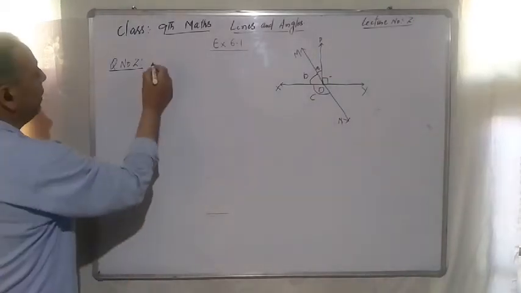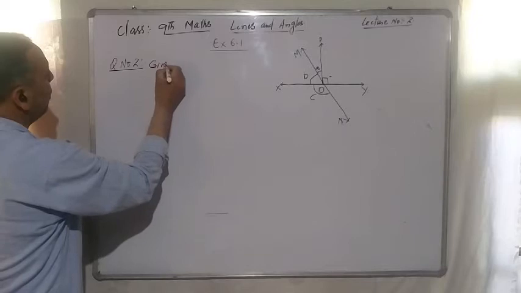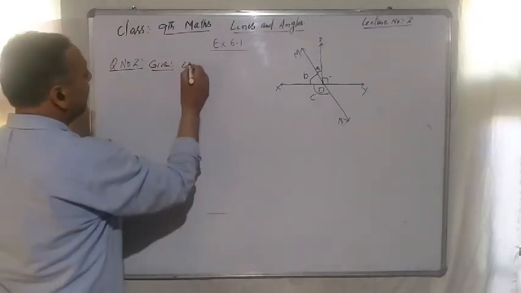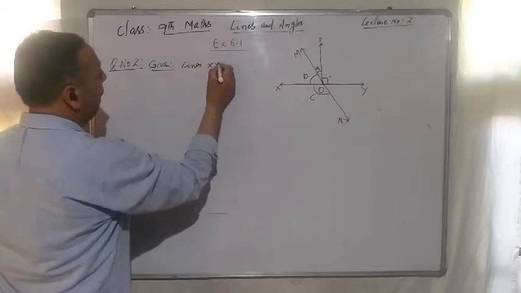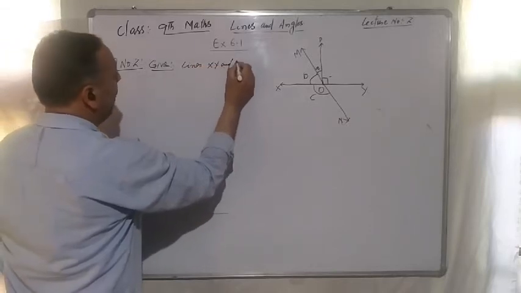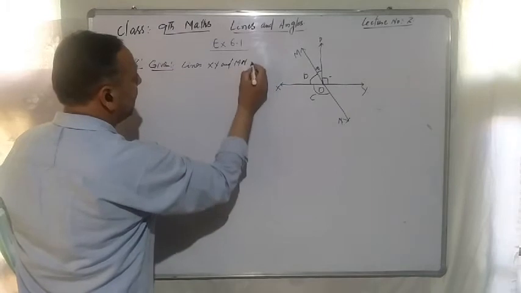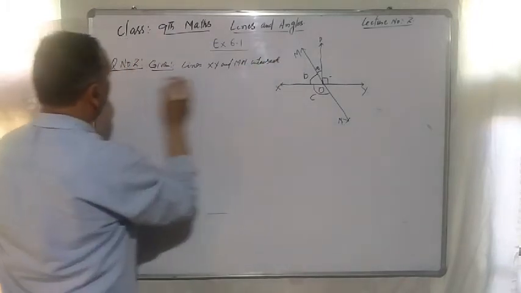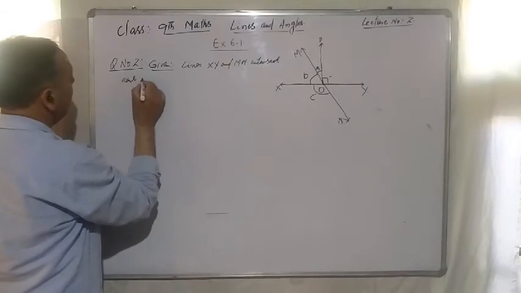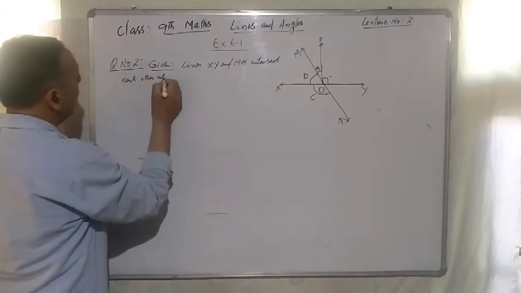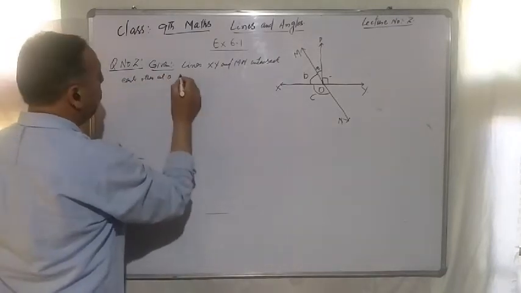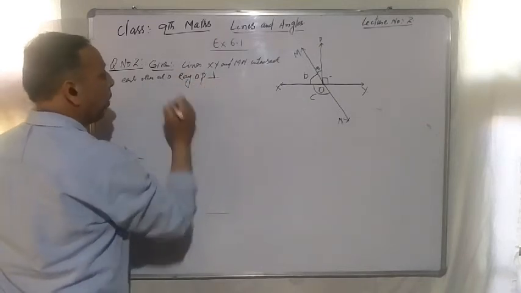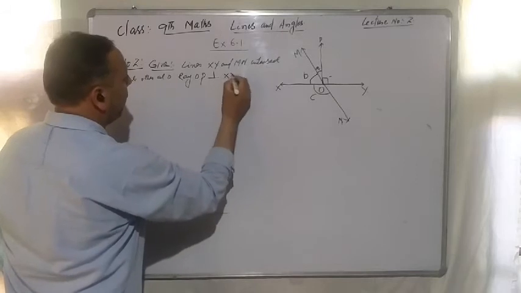So what is given here? Given is lines XY and MN intersect each other at O. Ray OP is perpendicular on XY.